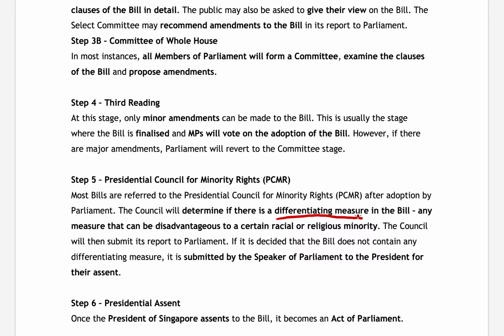But if it's decided that it doesn't contain any differentiating measure, it is given to the speaker so that the speaker can send the final version of the bill to the president for assent.